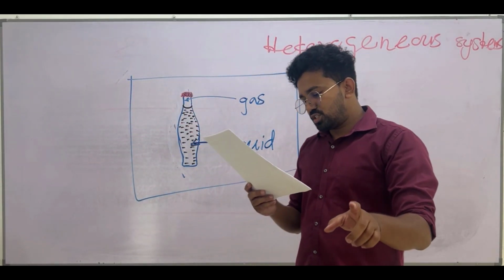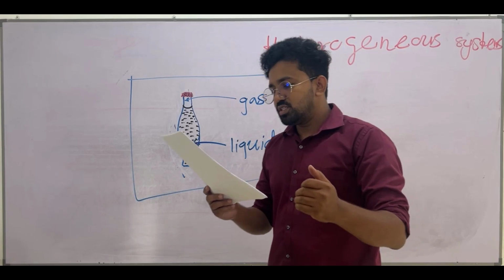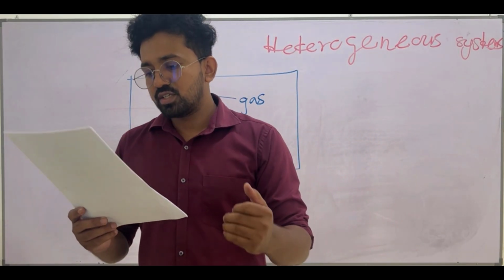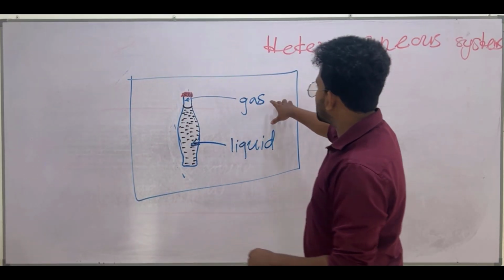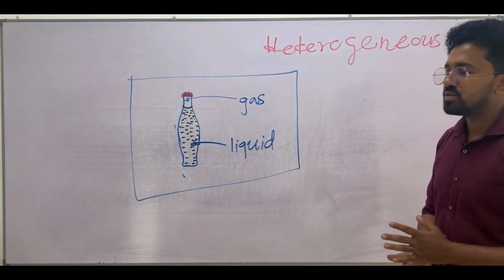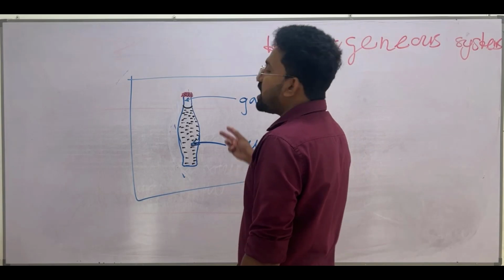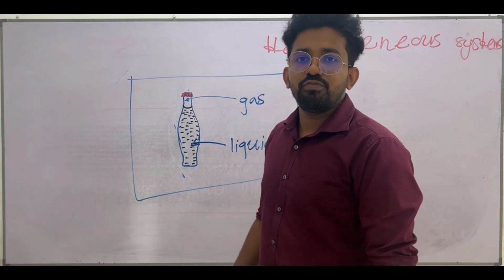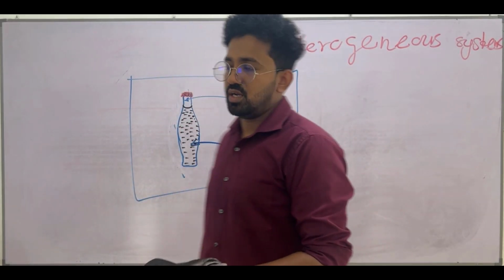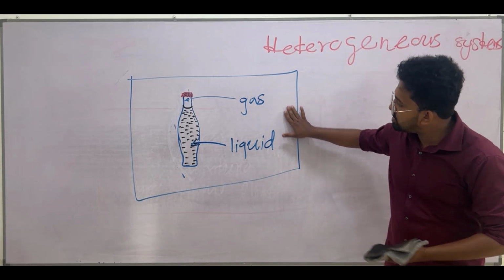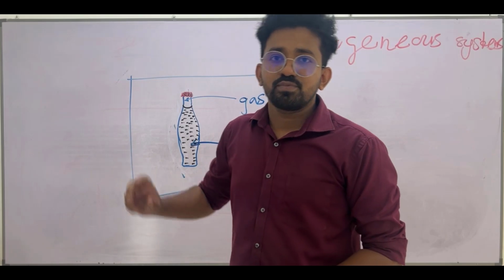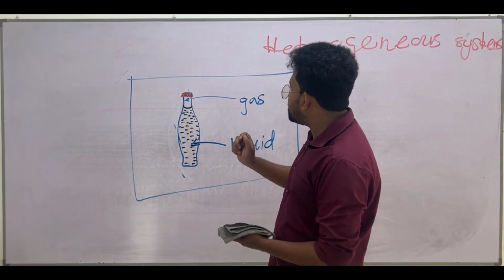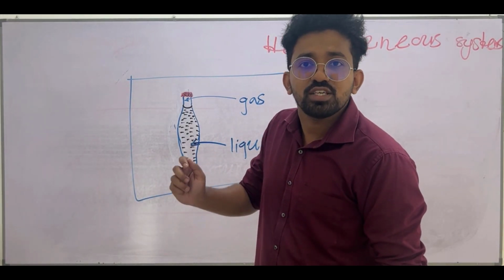So, heterogeneous system on page number 5: the system contains parts in different physical states. Write down the example: flavored drink bottle, which is in equilibrium with the liquid phase and the gaseous phase.